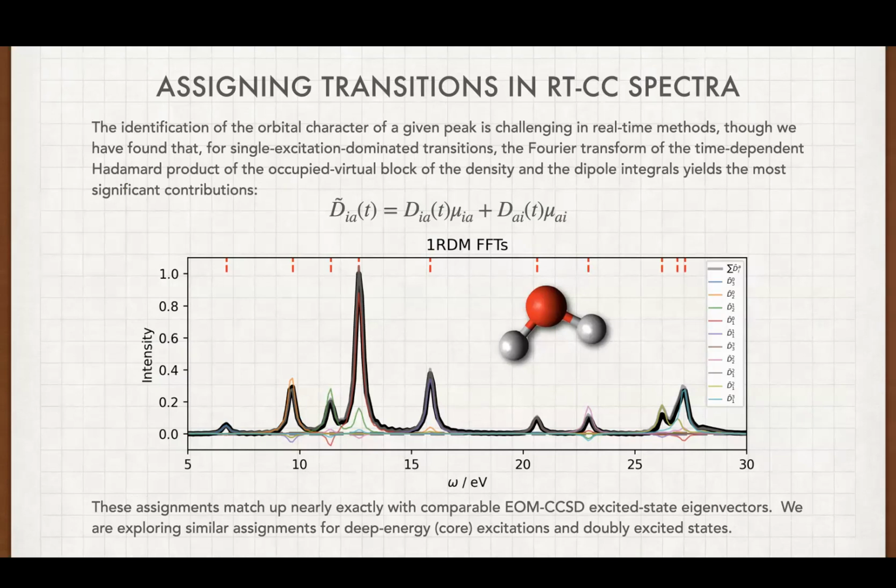This is kind of hard to see in this plot, but these are individual occupied and virtual orbital pair contributions to the time-dependent density. And we can see how these compare to the reference, the complete spectrum. So we can extract the individual orbital contributions to every individual peak, and it matches up beautifully with EOM. That would be very useful, say, for core excitation spectra and identifying exactly what types of peaks you're seeing at very high energies.